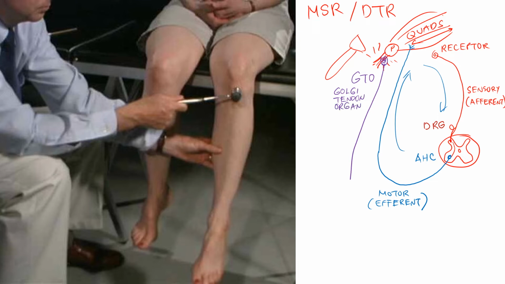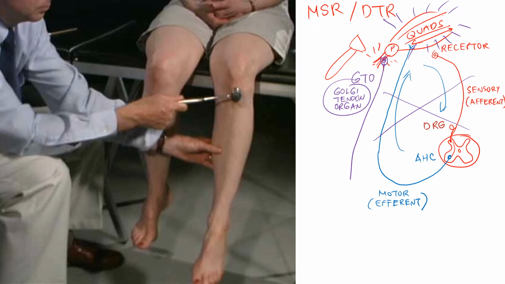Your Golgi tendon organ basically detects the stretch once your quads contract in your knee jerk, and being a sensory inhibitory mechanism, it basically stops this reflex after one go. So a good reflex would just give you a limited response, and that's a normal reflex.